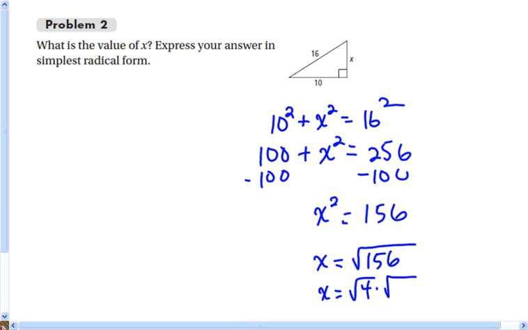And 4 goes in there 39 times. And 39, the only factors of 39 are 3 and 13, so that doesn't have any perfect square factors. So 2 times the square root of 39 is in simplest radical form. All right?